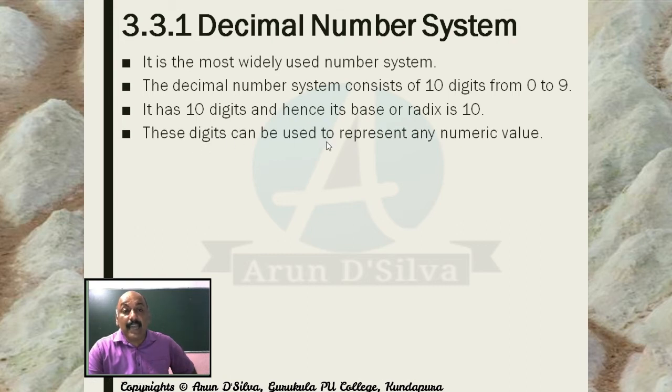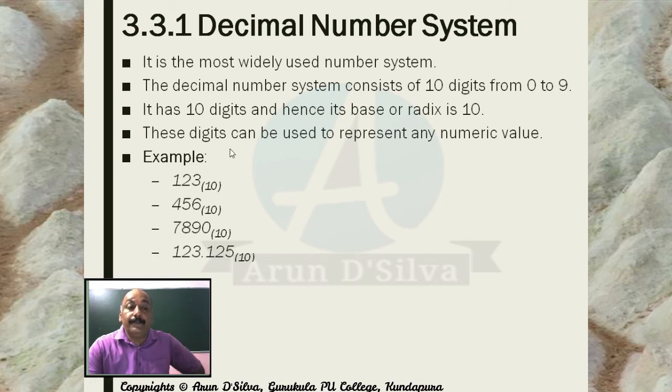These digits can be used to represent any numeric value. The combination of these digits itself becomes a number. 100 is a number. 1, 2, 3, 4 is a number. 7, 8, 9 is a number. The combination of digits.